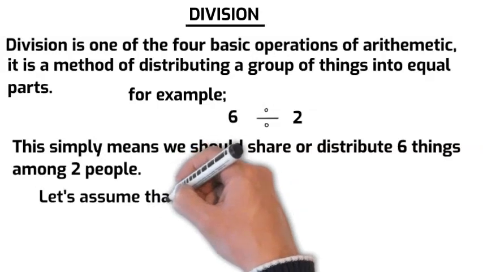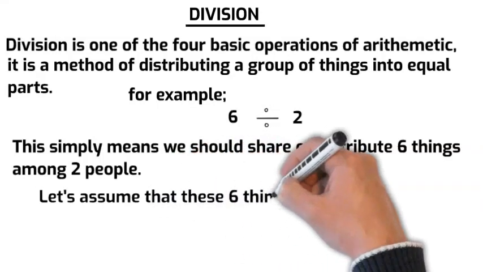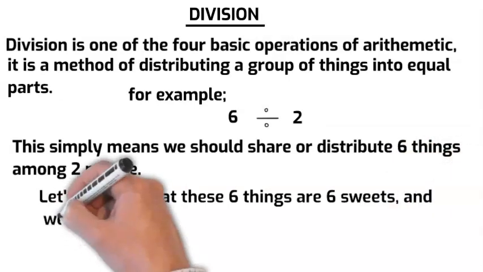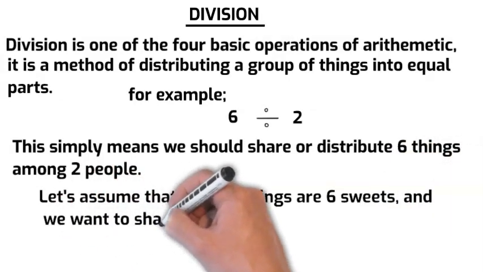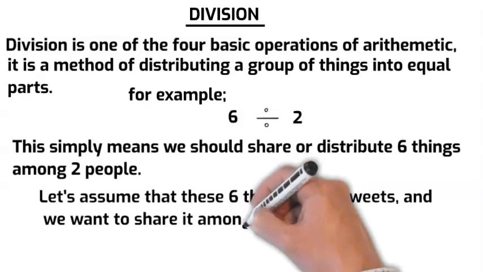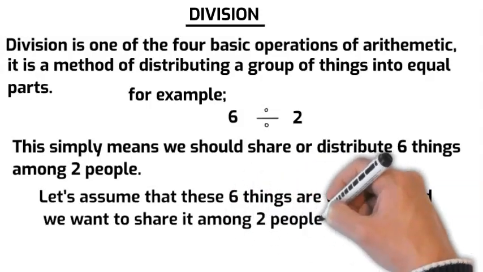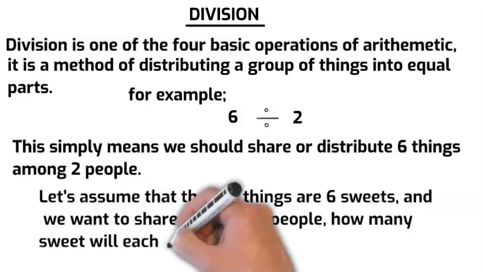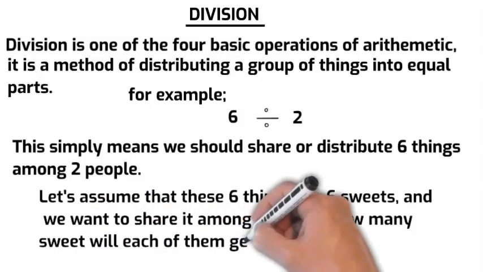Let's assume that these 6 are 6 sweets and we want to share it among 2 people. How many sweets will each of them get?